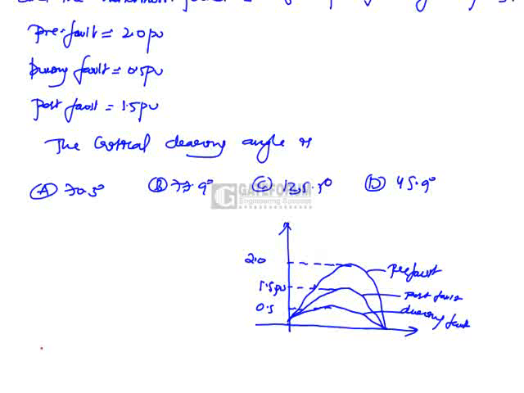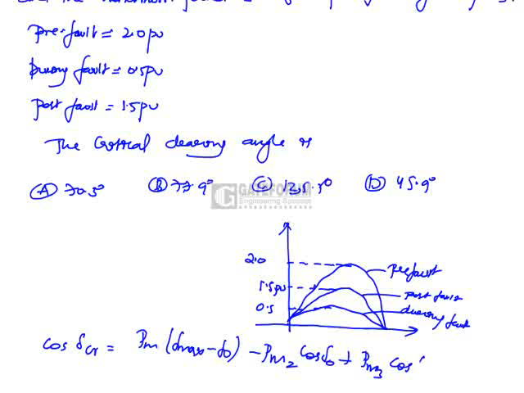So we have a formula for finding delta CR, the critical clearing angle. Cos delta CR is equal to PM times (delta max minus delta naught), minus PM2 into cos delta naught plus PM3 into cos delta max, divided by PM3 minus PM2.